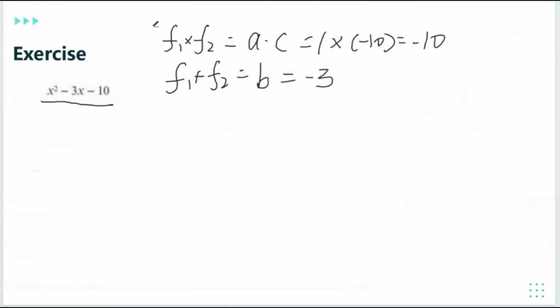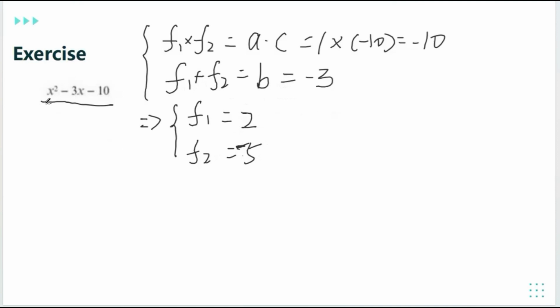So we can quickly understand that f1, f2 maybe minus 2, 2 or 5. So which one is minus? f1 plus f2 equals minus 3, so of course it's minus 5 here.